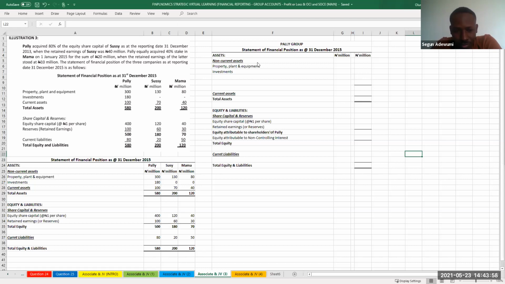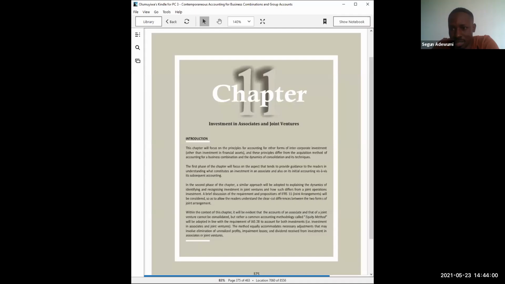Okay, I think the last class was basically on investment in associates and joint venture. We were made to know that if it is investment in associates or joint venture, then we use the equity method. And in fact, there are two kinds of joint arrangements. One is the joint venture, and the other one, I've forgotten the terminology for it.